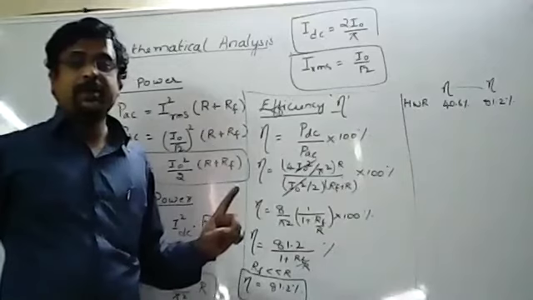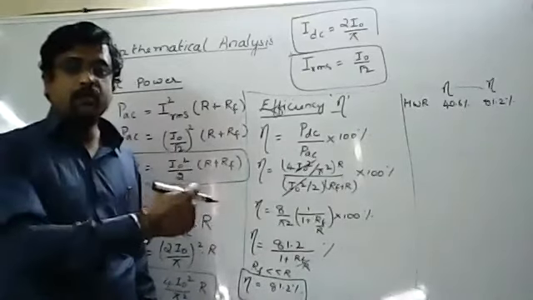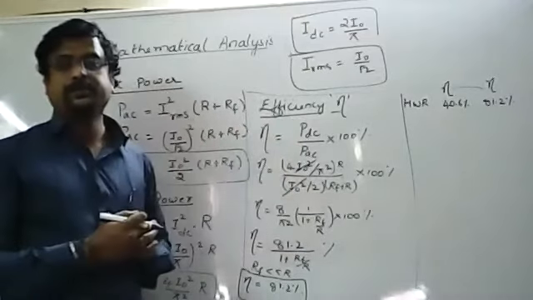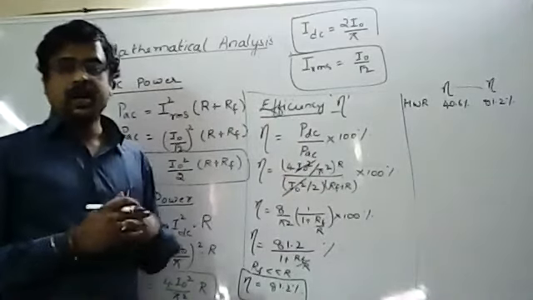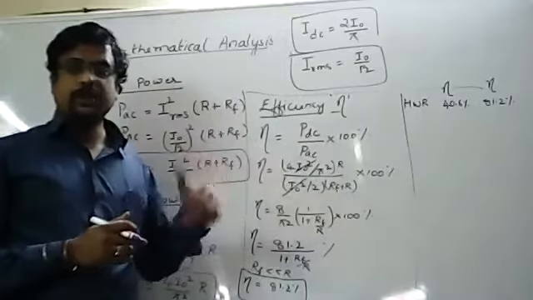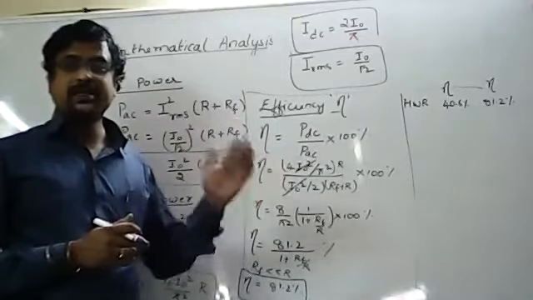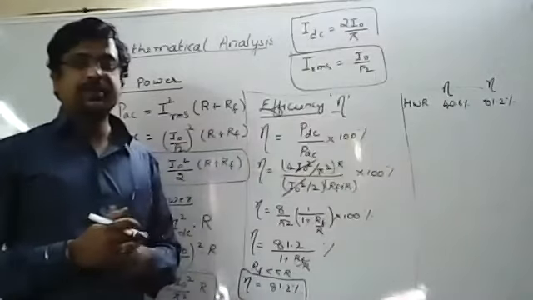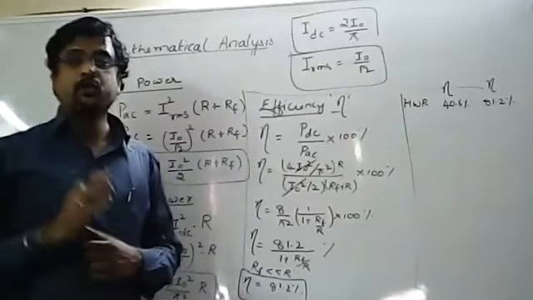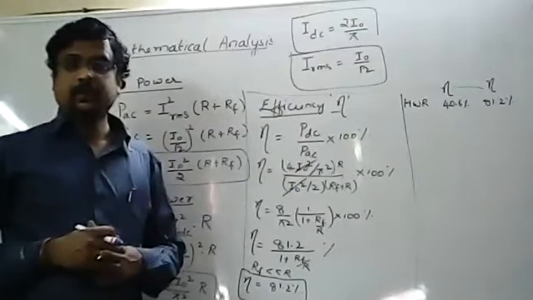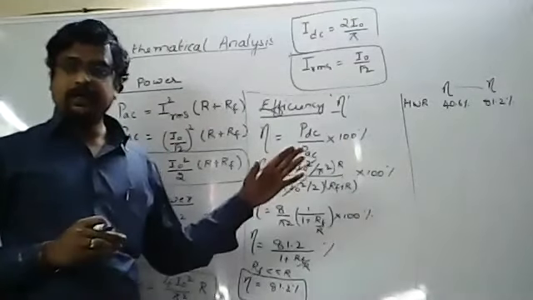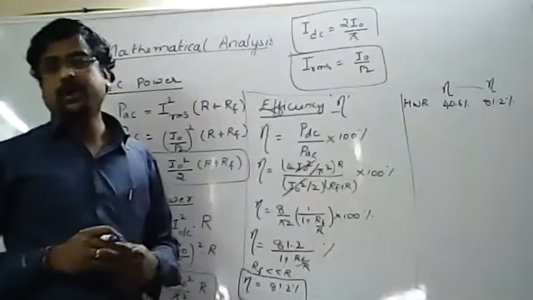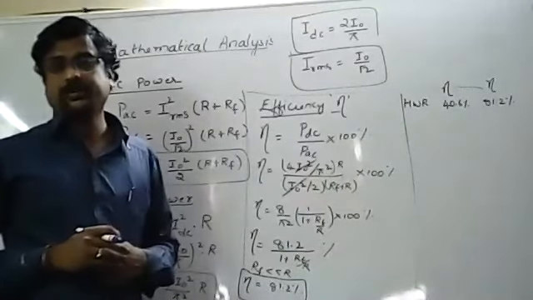Because in a half wave rectifier, when I give one full cycle, the output is conducted only for the positive cycle, only 50% of the cycle. Now it is conducting for both positive and negative. That is the reason the efficiency got doubled. Now it is reaching the efficiency of 81.2%. So comparatively it is a very good rectifier compared to half wave, because almost it is reaching 100%, right?